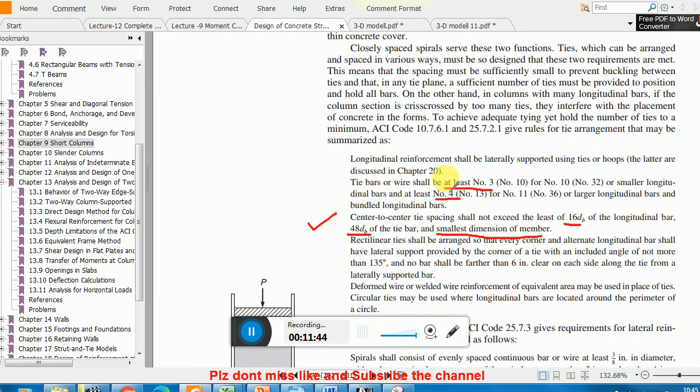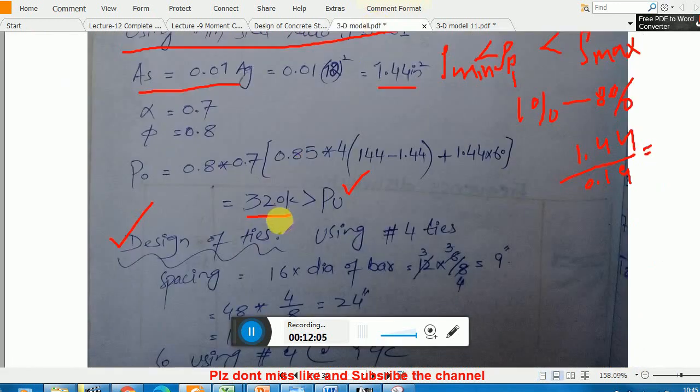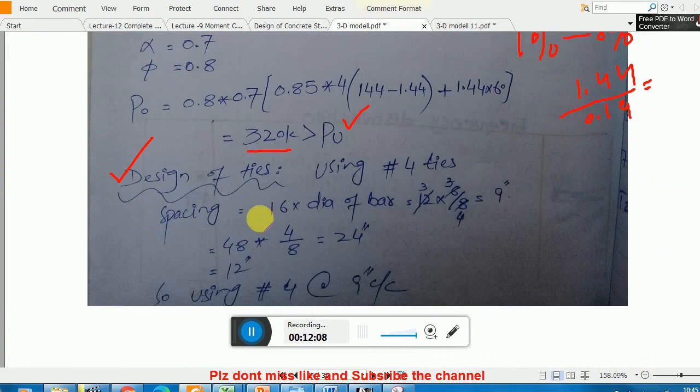And for ties, you see number 3 for number 10 bars and less, and number 4 tie for number 11 and larger. For tie spacing, it should not exceed 16 times the diameter of the longitudinal bar, 48 times the tie bar diameter, and the smallest dimension of the member, that is 12 inches. So here I am again checking 16 times the bar diameter: 6 divided by 8 times 16. This is basically 16, not 12.